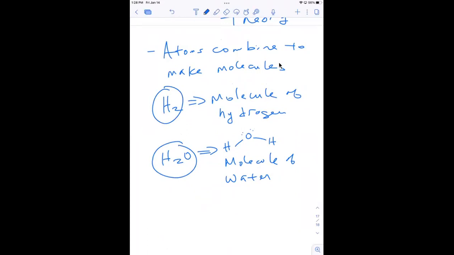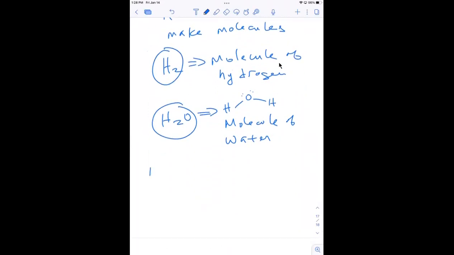So molecules can be made up of the same atoms or different atoms.